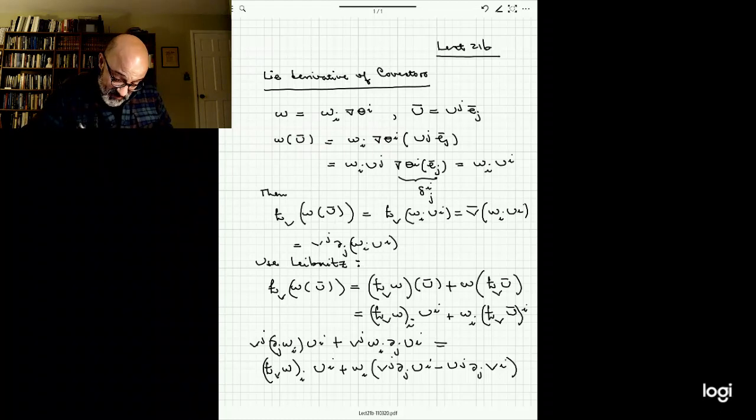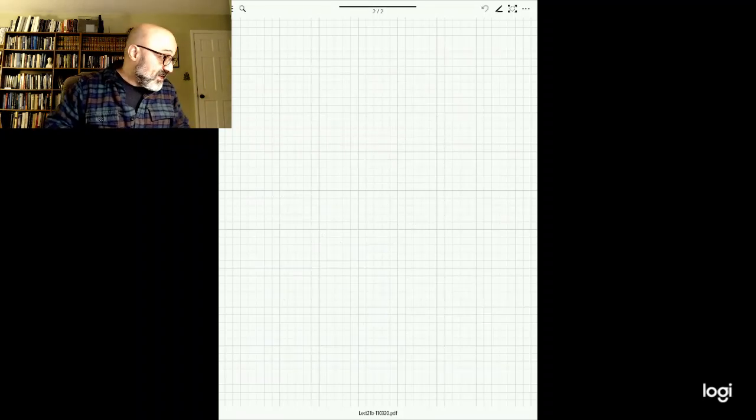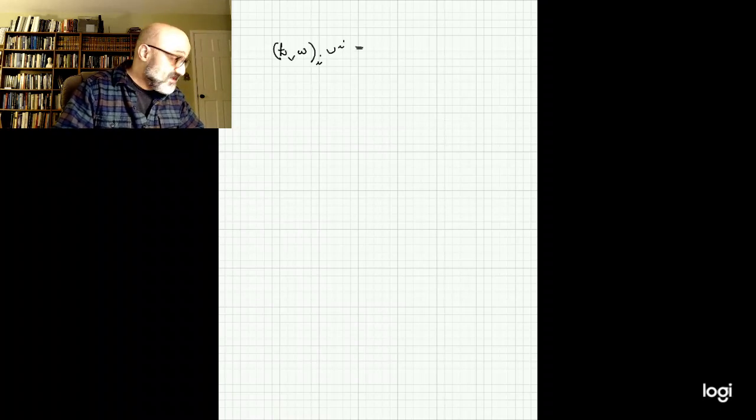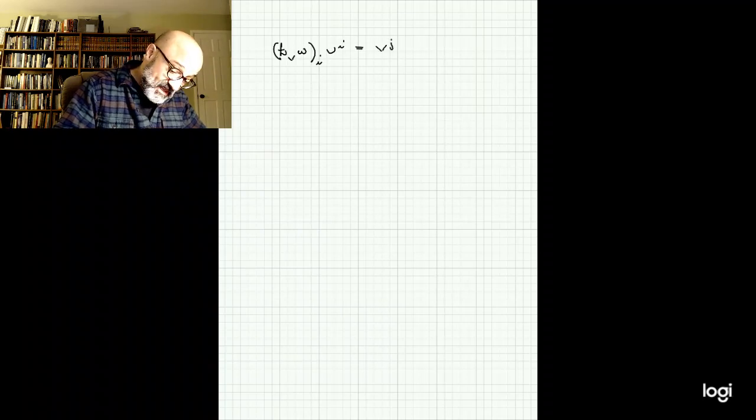These two terms are exactly the same, so this one cancels this term here, and then we end up with, let me just take the derivative and rearrange, L_V acting on ω, component i, times u^i equals V^j ∂_j ω_i u^i plus ω_j u^i ∂_i V^j.